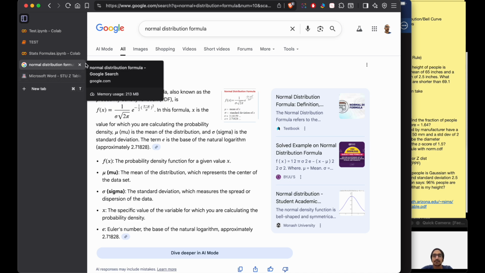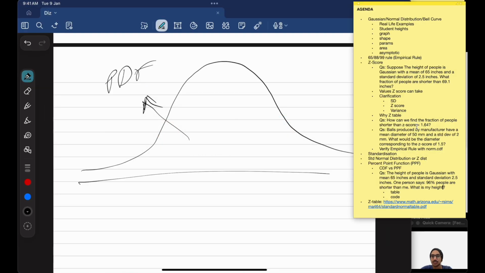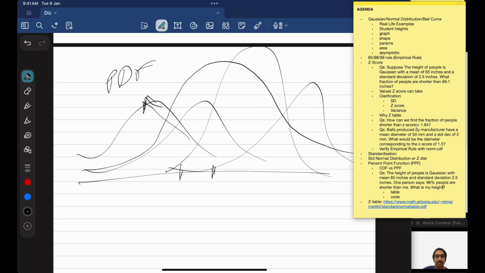So what statisticians did was they used a concept called standardization. What standardization does is, since there are infinite numbers of normal distributions, if we want to compute probabilities for all these varieties of distributions, that is like an impossible task, or rather, it will be too tedious.